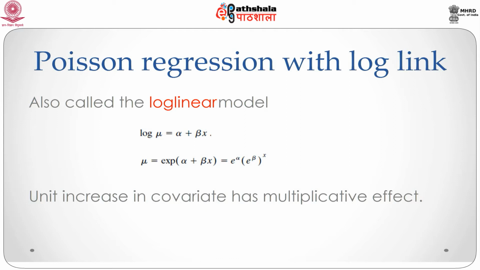So, if x is changed into x plus 1, mu is equal to e to the power alpha into e to the power beta times x plus 1, which is mu corresponding to the value of x multiplied by a factor e to the power beta. So increasing a covariate by a unit amount, keeping all other covariates constant, will have a multiplicative rather than an additive effect on the mean.